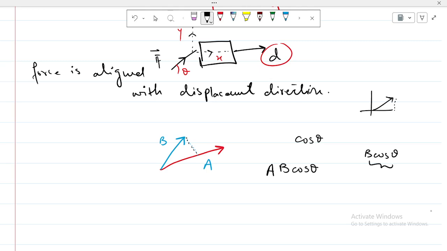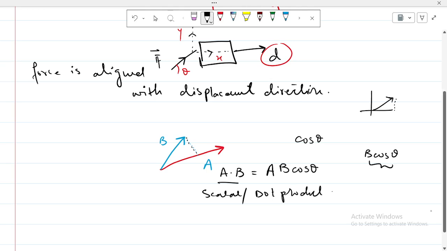That's why we get AB cos theta. And so this is written as A dot B, what we call a scalar or dot product. By definition, this is what the scalar product is. It checks how much of a single vector B, let's say, is aligned with or projected onto A.